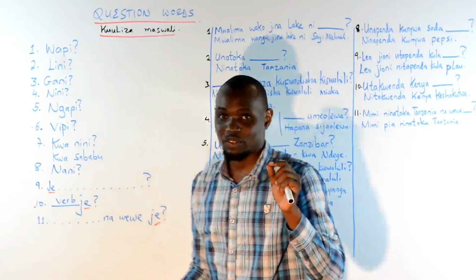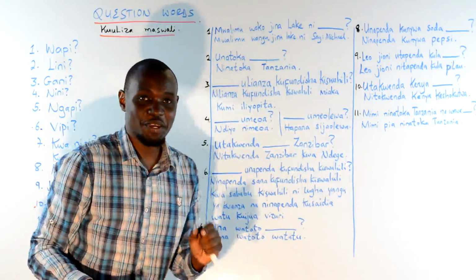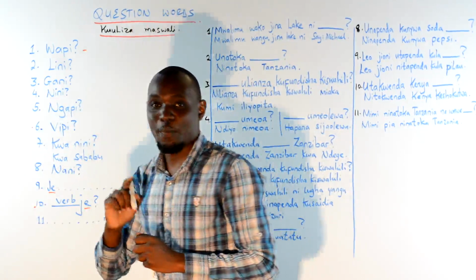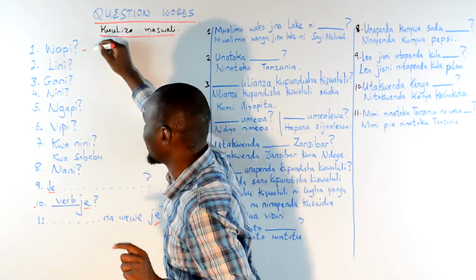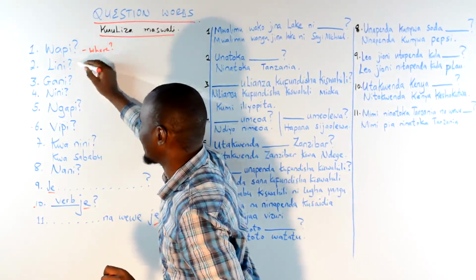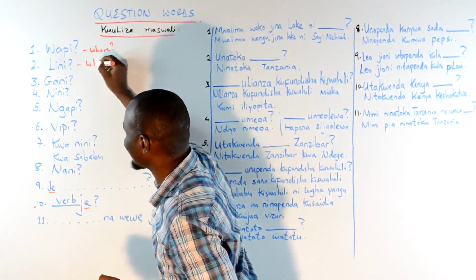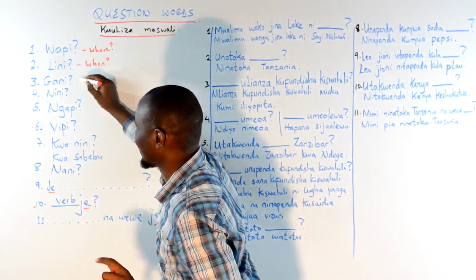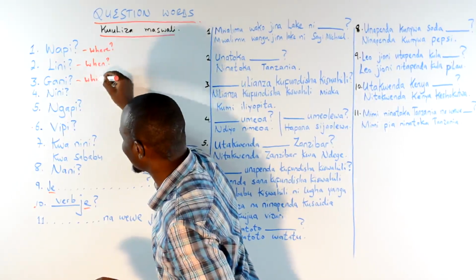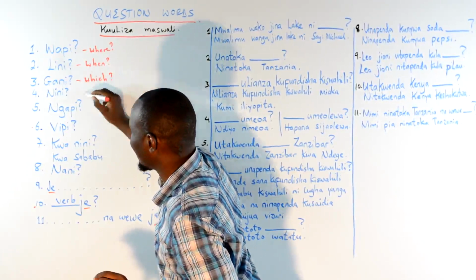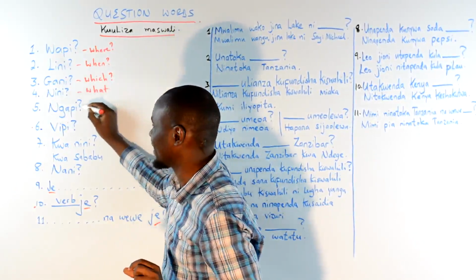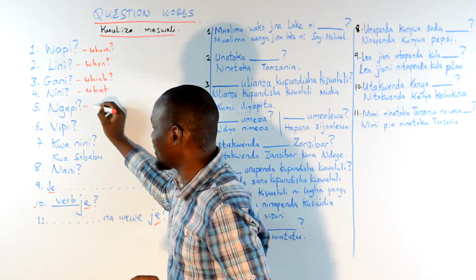Quick, tell me the meaning of wapi. Wapi, quick, tell me. Wapi is where. Lini is when. Gani is which. Nini is what. Ngapi.